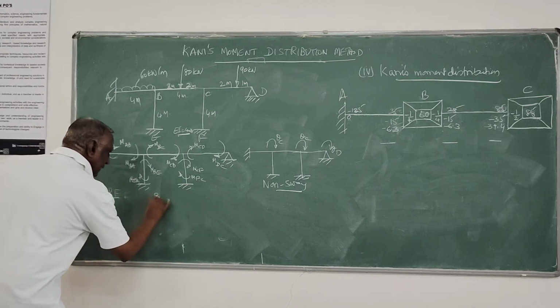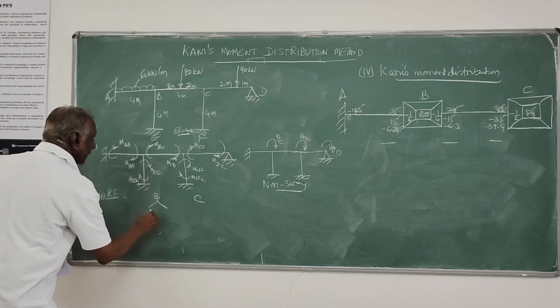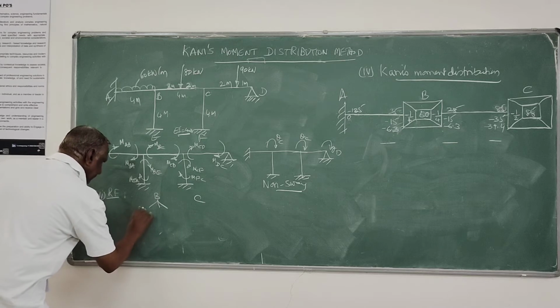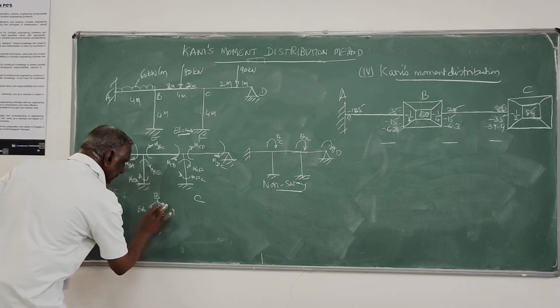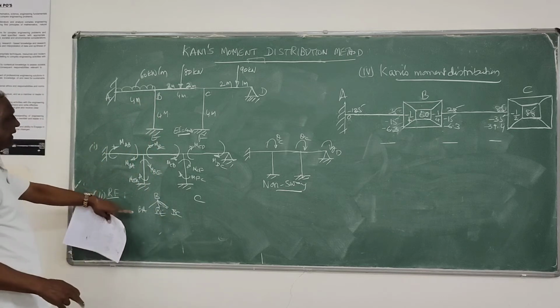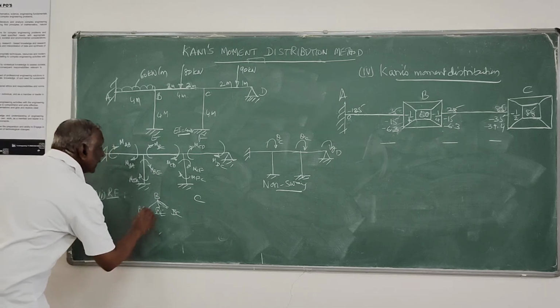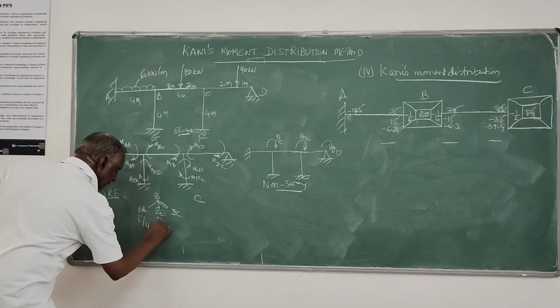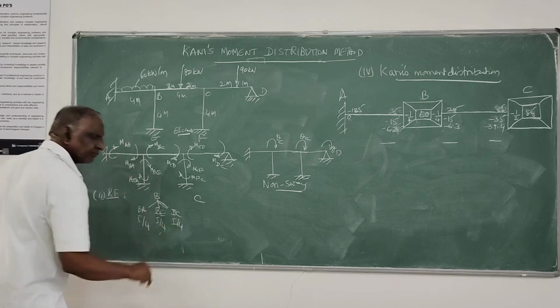So at B there are 3 members, BA, BE and BC. For BA it is I by 4, BE it is again I by 4 and BC it is I by 4.